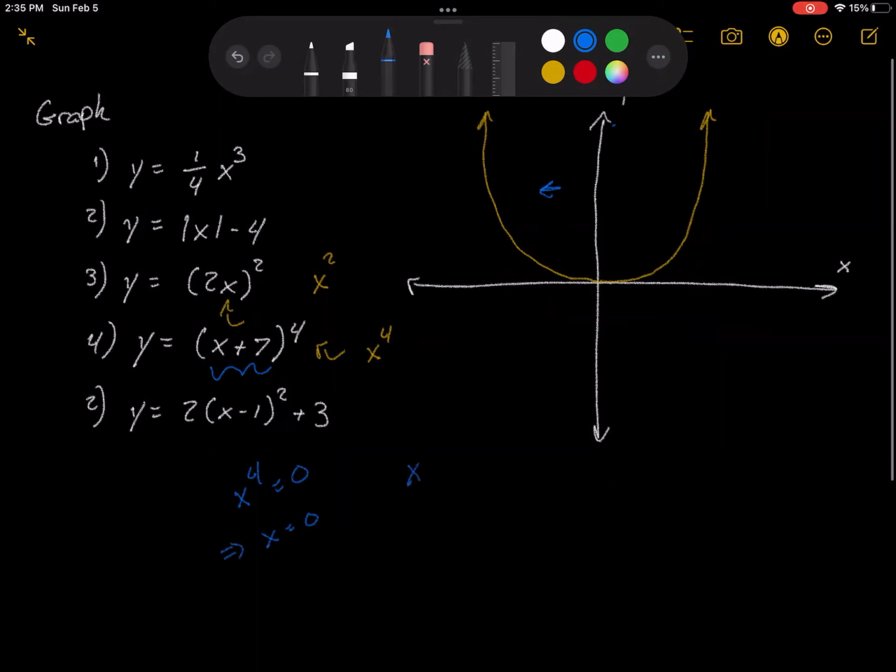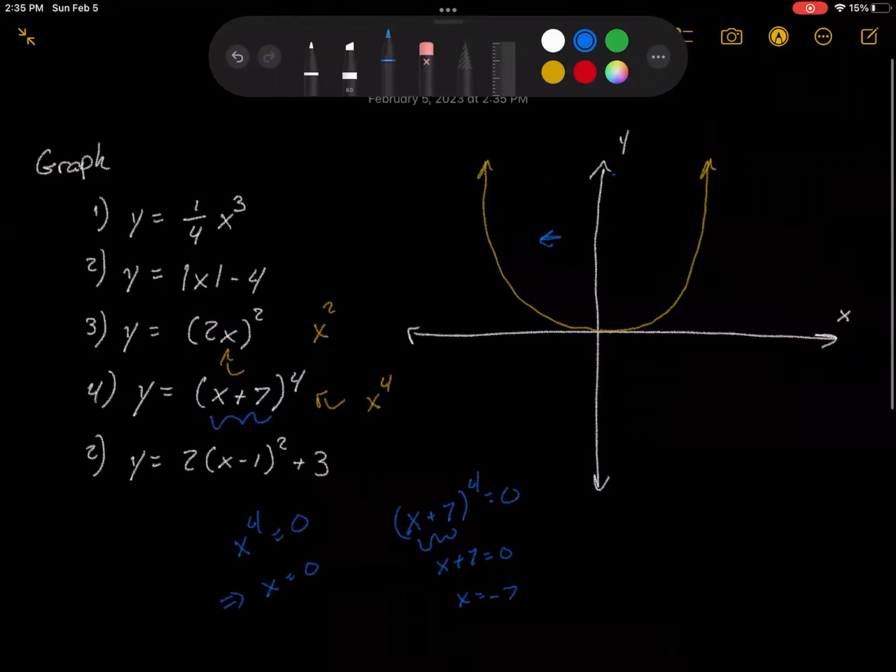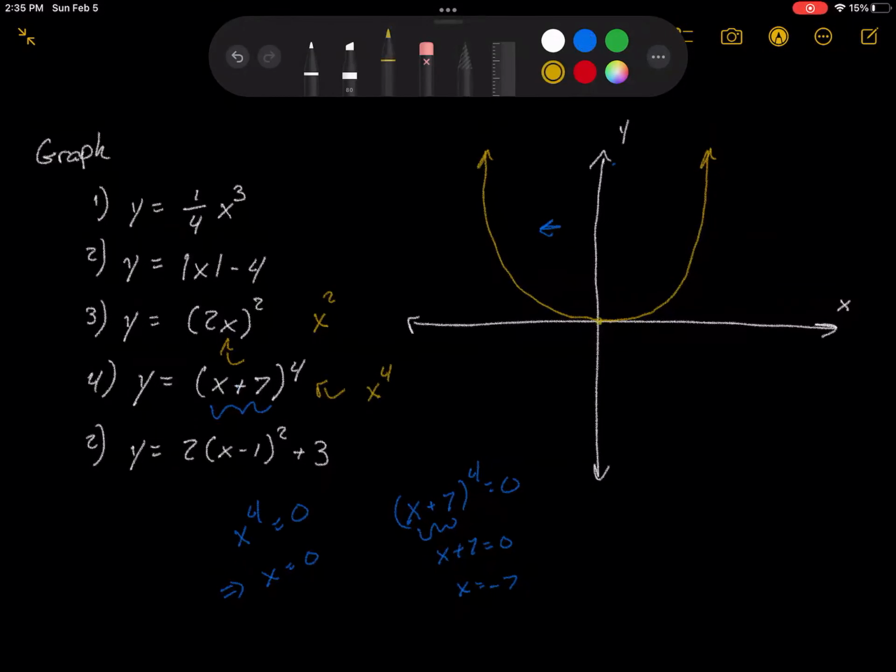But now, when is x plus 7 to the 4th going to give you a 0? That's when x plus 7 is equal to 0, or x is equal to minus 7. So instead of having a 0 at 0, you now have it at minus 7. So you shifted to the left by 7 units. But you still have that same shape.